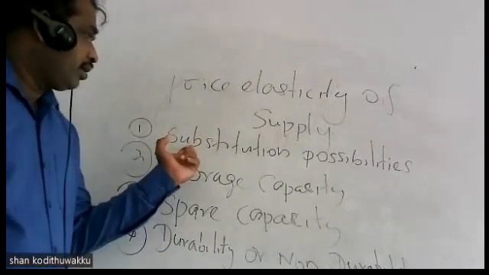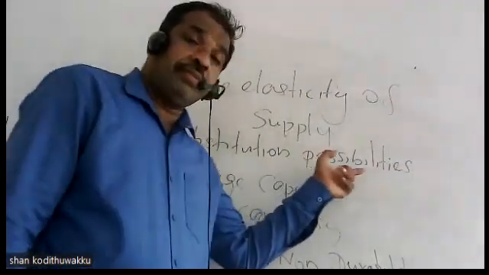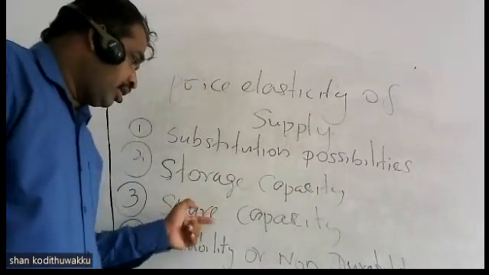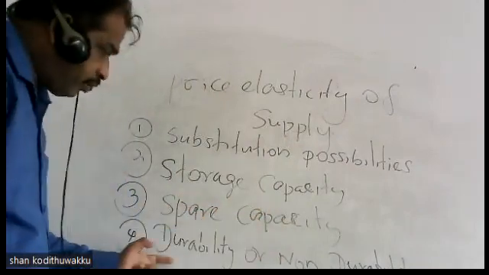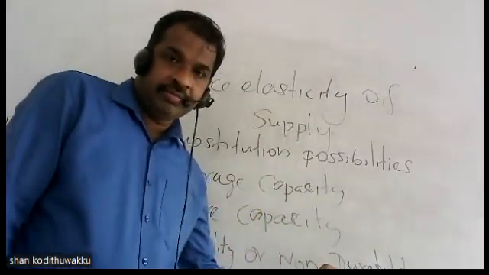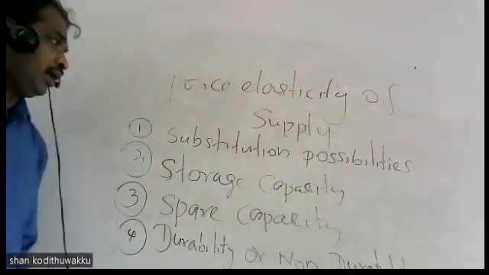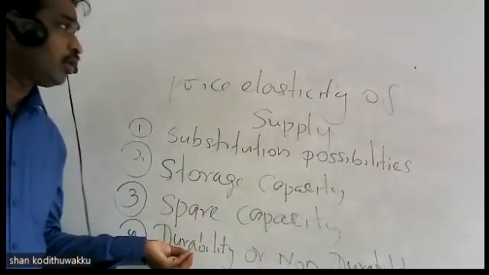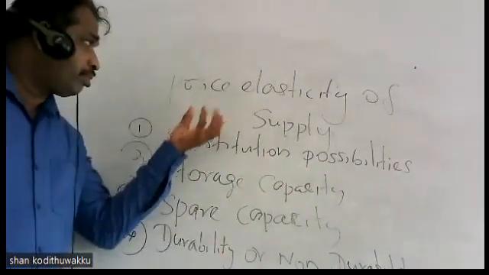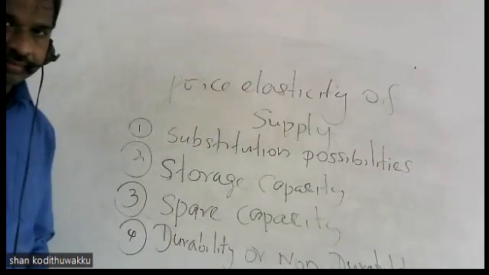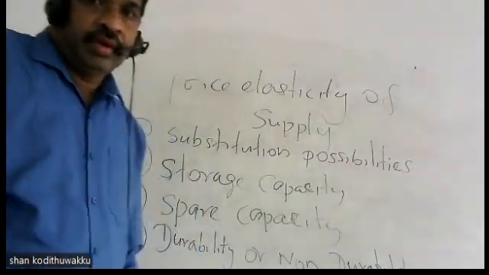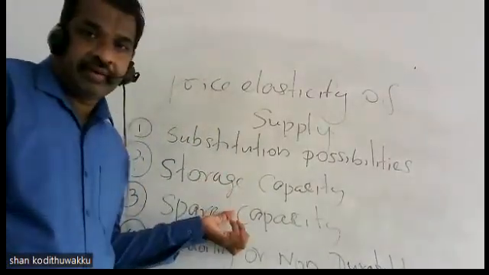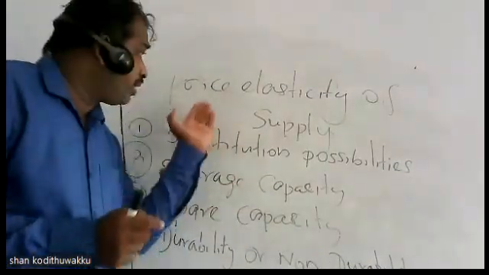Right. Number one, substitution possibilities. Number two, storage capacity, spare capacity, durability or non-durability. These factors affect the price elasticity of supply. When it comes to the examination, depending on the given marks, you have to briefly explain.